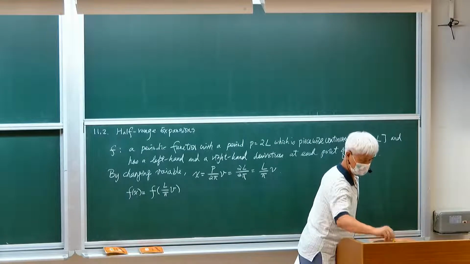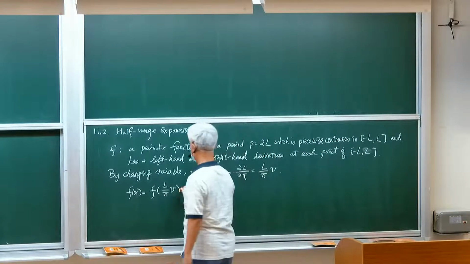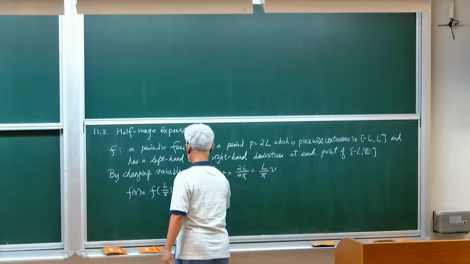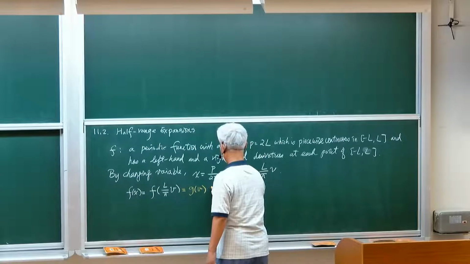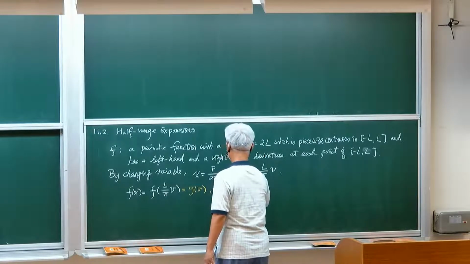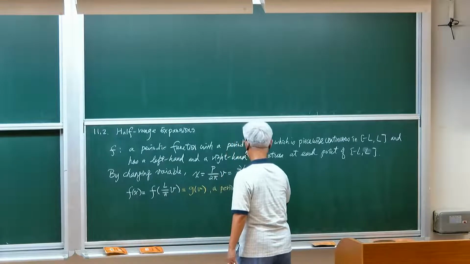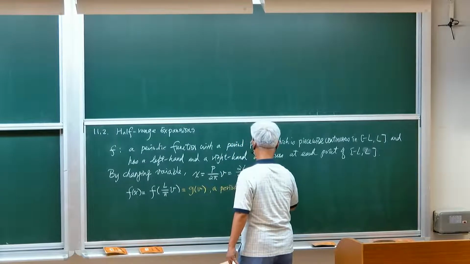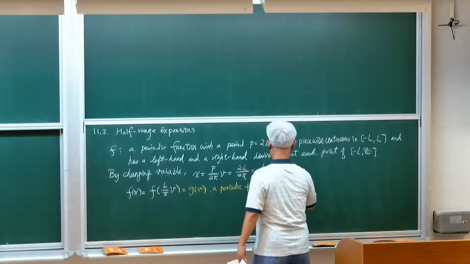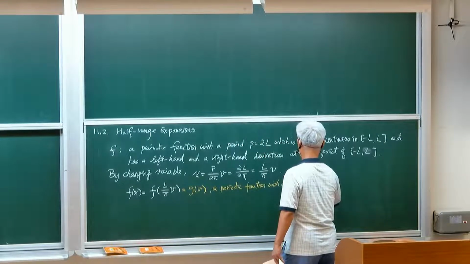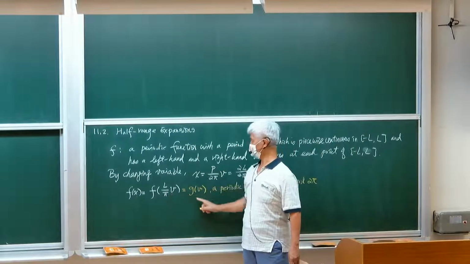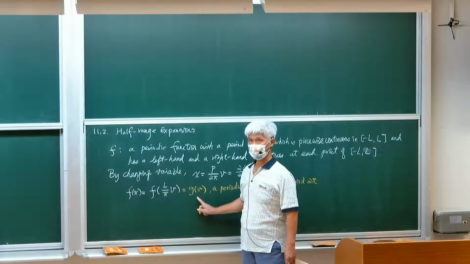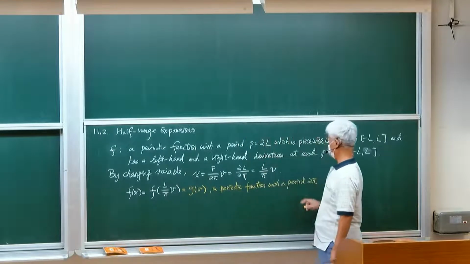This is a function, and then we call this G of v. So G of v is a periodic function with a period 2 pi. Okay, so now by using change of variable, this becomes G of v, and it's a periodic function with a period 2 pi.